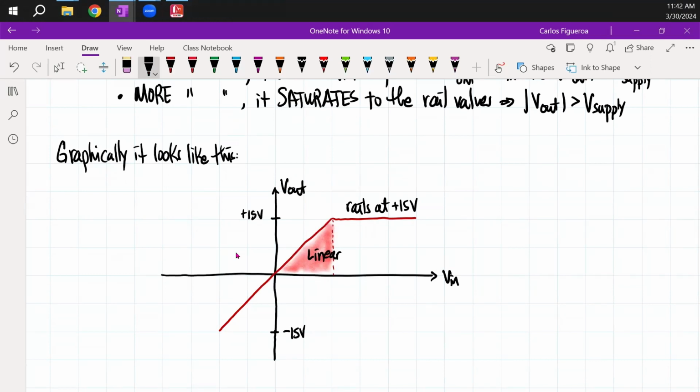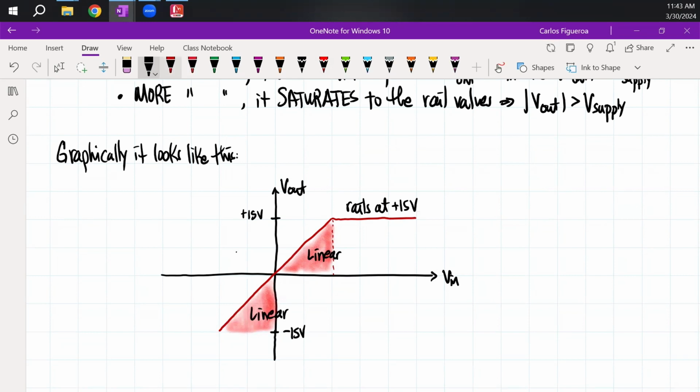Again, what I'm showing here is that if I'm linear, if I stay below negative 15 again, then I have linear behavior again.